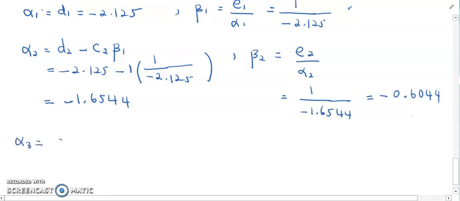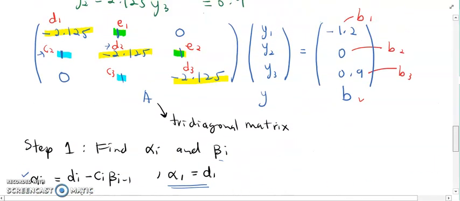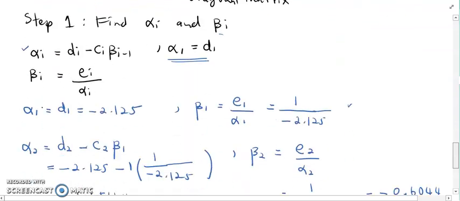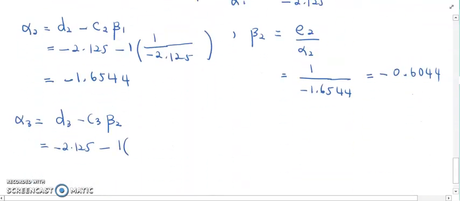Alpha 3 is D3 minus C3 times beta 2. D3 is negative 2.125, C3 is 1, and beta 2 is negative 0.6044. So alpha 3 equals negative 1.5206.